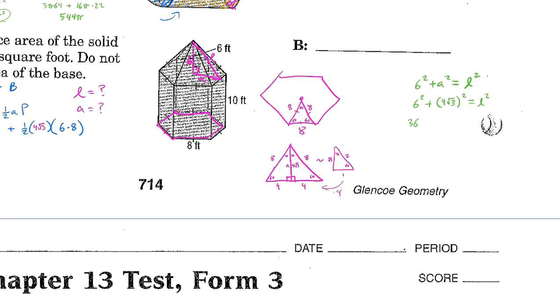That's 36 plus 16 times 3 equals L squared. So 36 plus 48 is 84, equals L squared. So L is root 84, or root 4 root 21, or 2 root 21.